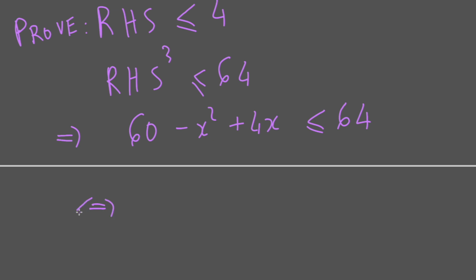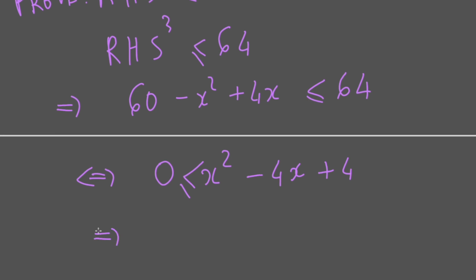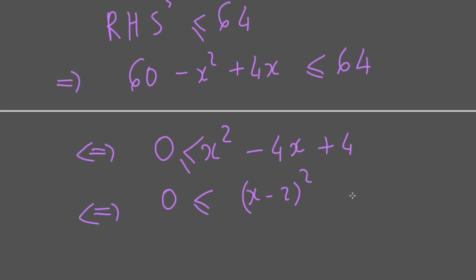When we do the basic transformation, this is x squared minus 4x plus 4 greater or equal than 0, then it will be x minus 2 squared greater or equal than 0. That is always correct, for any x value belonging to the real numbers.